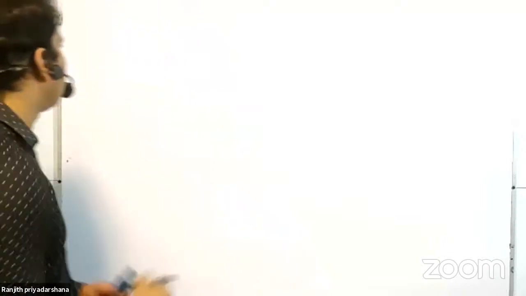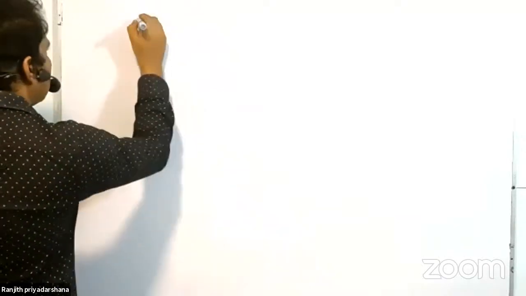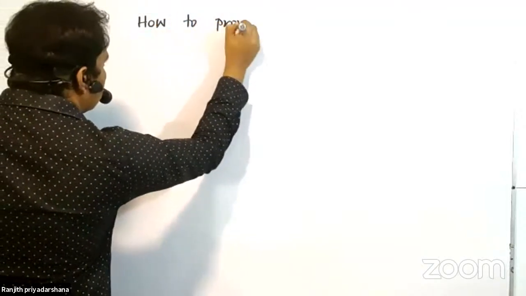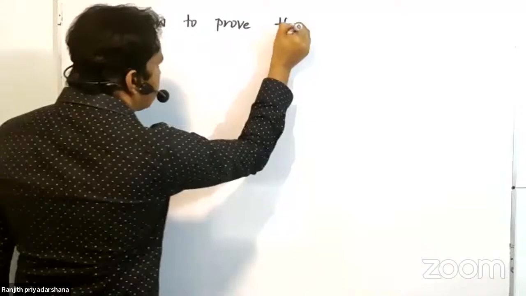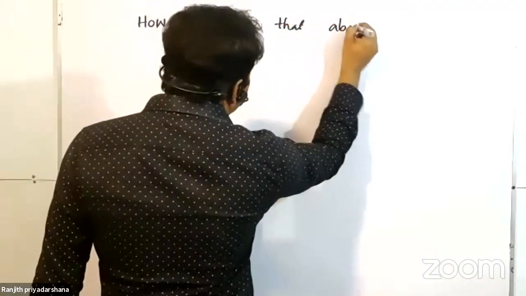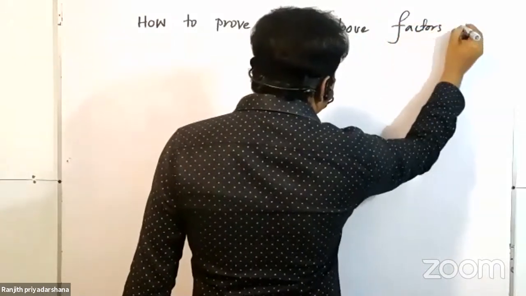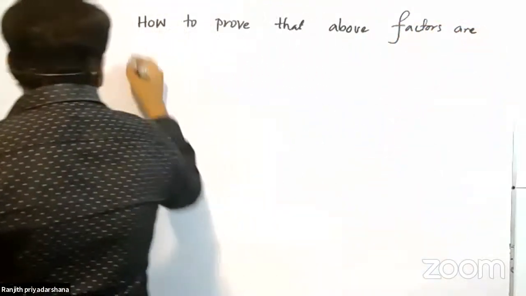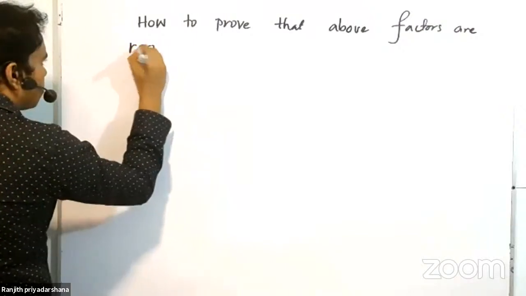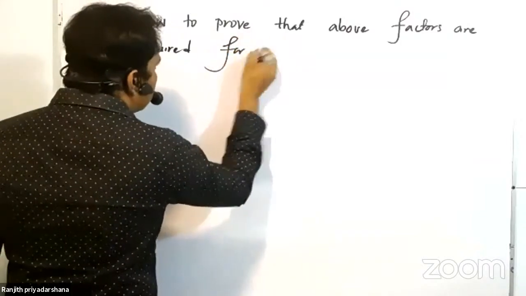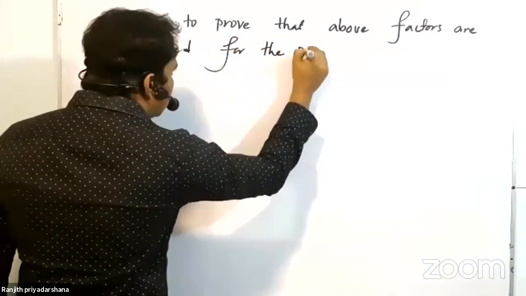Next, take down the topic. How to prove that the above factors are required for the photosynthesis.